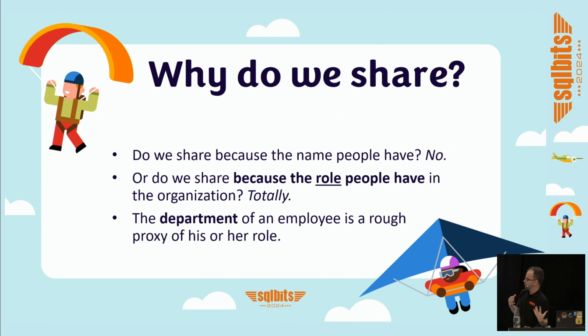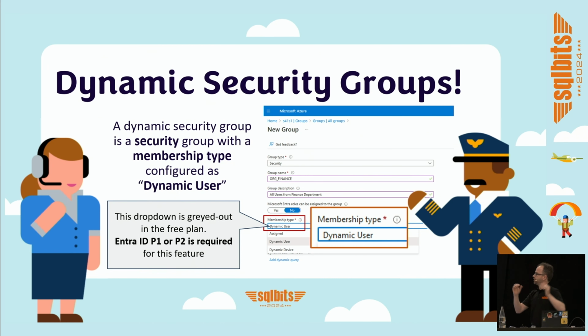So, can we do something like this? What if we could share with the department of that person? That would be awesome, right? Well, welcome to dynamic security groups. This is a feature that is widely unknown, I would say, because when I mentioned that, even people who are in IT asked, can you do that, really?